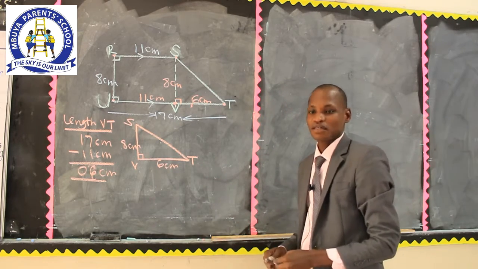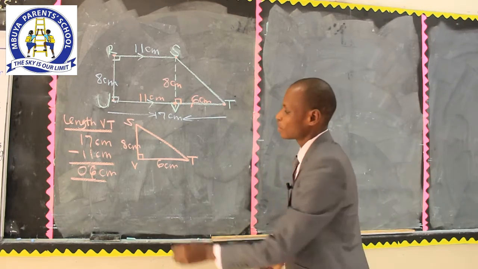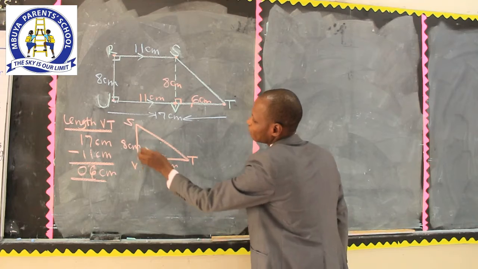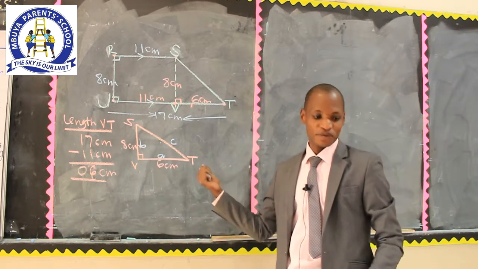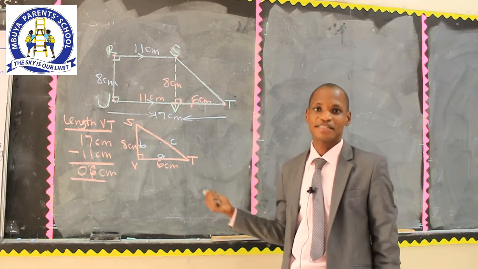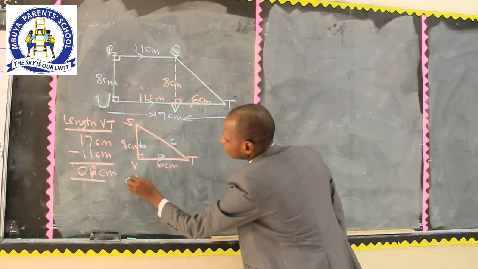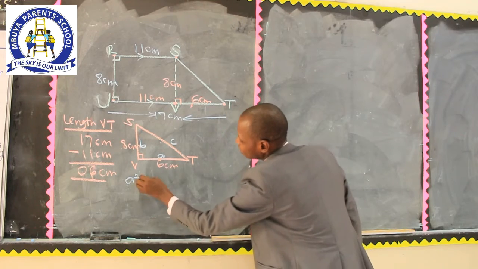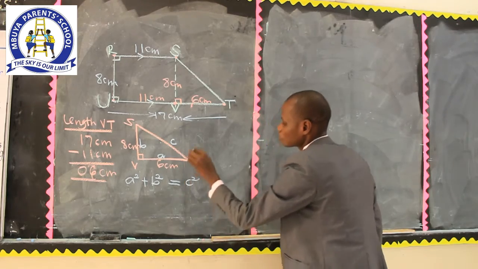From there, following the theory of Pythagoras theorem, we shall have this as A, this is B, and this is C. The slope is always given, let us see, the hypotenuse. Now we are going to have A squared plus B squared equaling C squared.